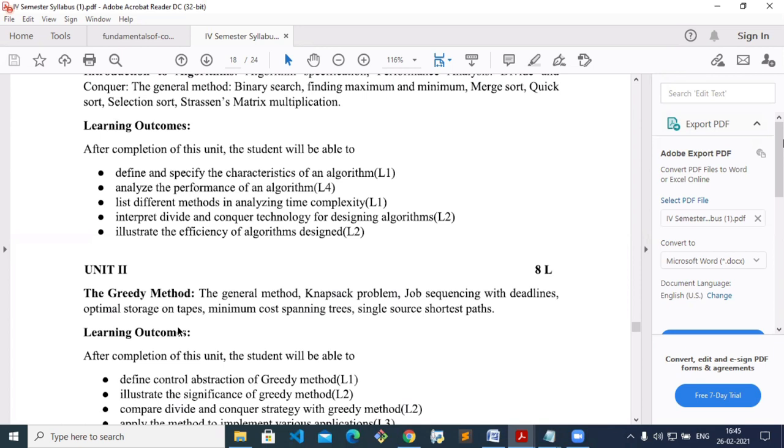Tell me. Ma'am, in that PDF, optimal storage on tapes is not there. Okay, then you go through the textbook. We don't have the textbook, ma'am. I have forwarded it. Are you aware of that?